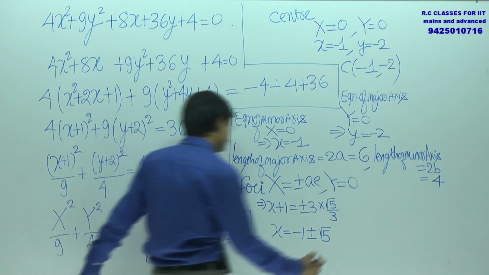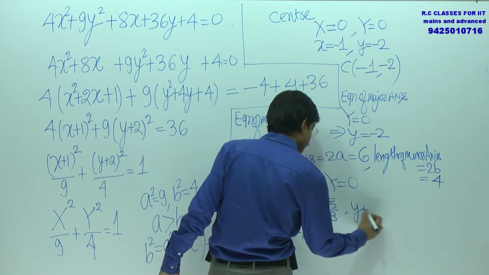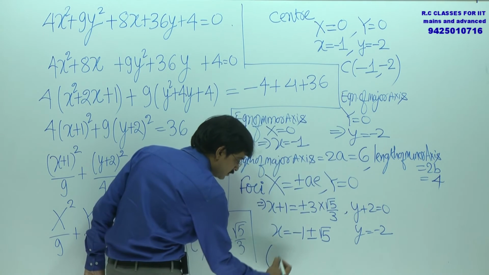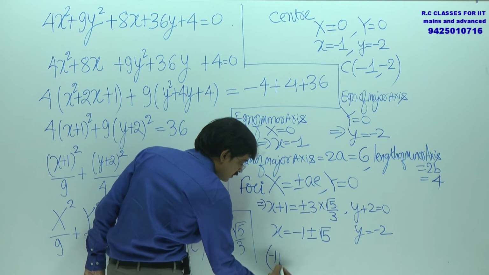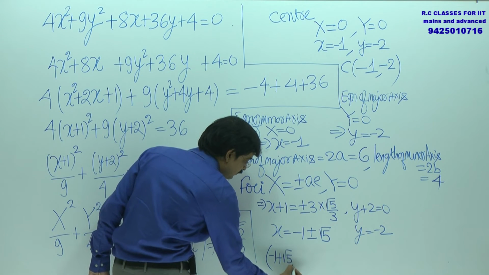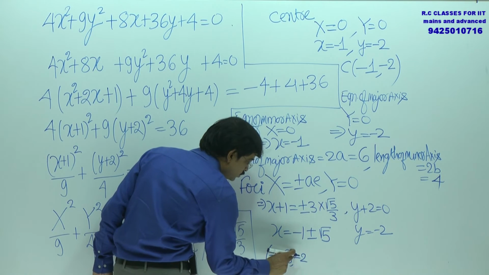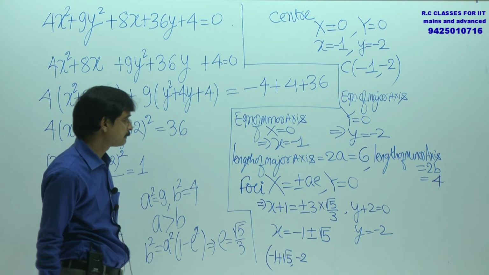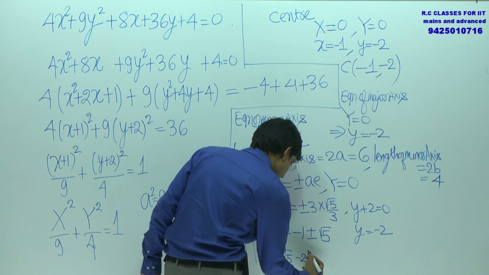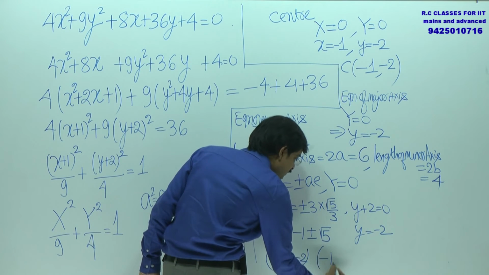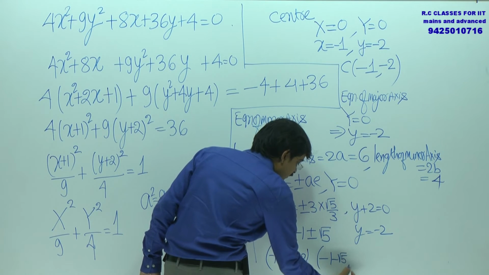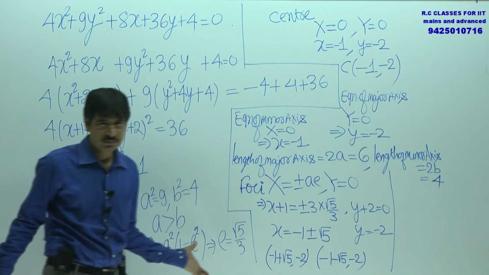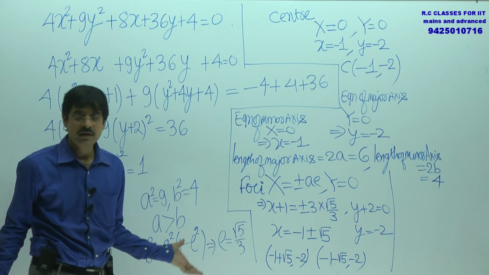And capital Y 0. Minus 1 plus root 5, comma minus 2. Minus 1 minus root 5, comma minus 2. Those are the foci of that curve. Clear? And equation of directrix.